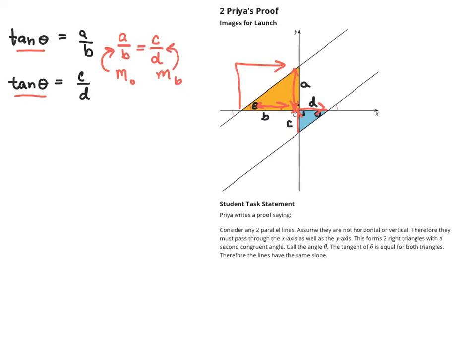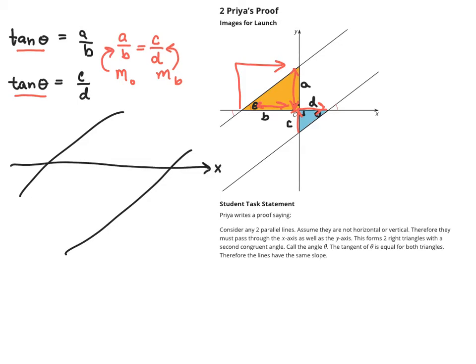Okay. I can also say that if I have those two lines, that's beautiful, isn't it? Those two lines, the x-axis is the transversal. So we know that there's theta and there's theta because we made the triangle, right? We've got the two triangles there. It's a bad drawing. I've got the blue triangle and the orange triangle.